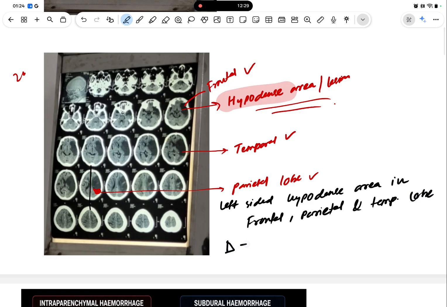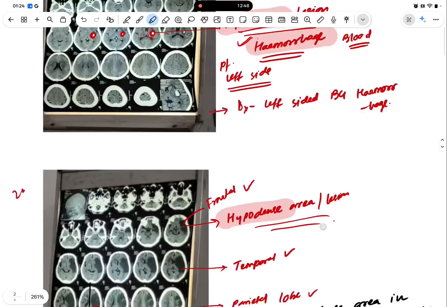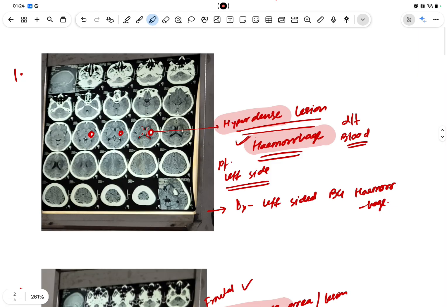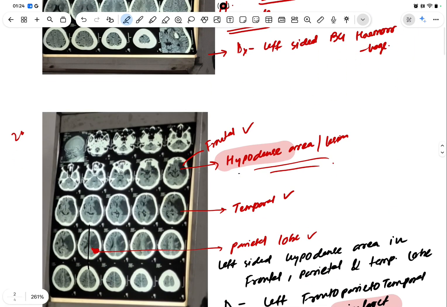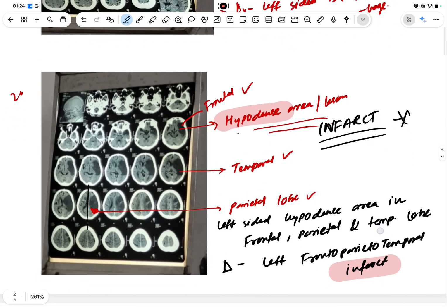So diagnosis is left fronto-parieto-temporal infarct. Okay, this is very important. If the lesion is hyperdense, then it is due to hemorrhage. But if the lesion is hypodense, it is due to infarct. This is very important.